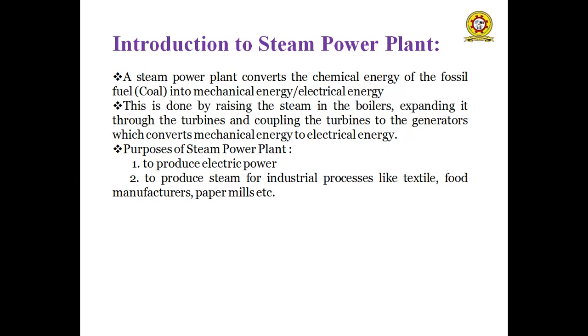This process is done by raising the steam in the boilers. In the boilers, we are increasing the temperature of the water, which is converted into steam, and it is expanded in the turbine. The turbine is coupled to the generator, which converts the mechanical energy to electrical energy.